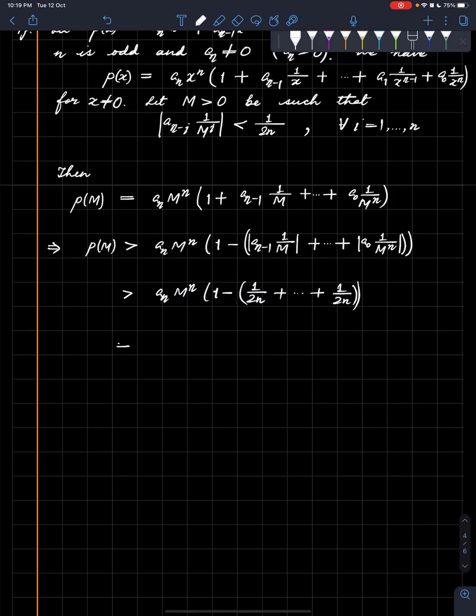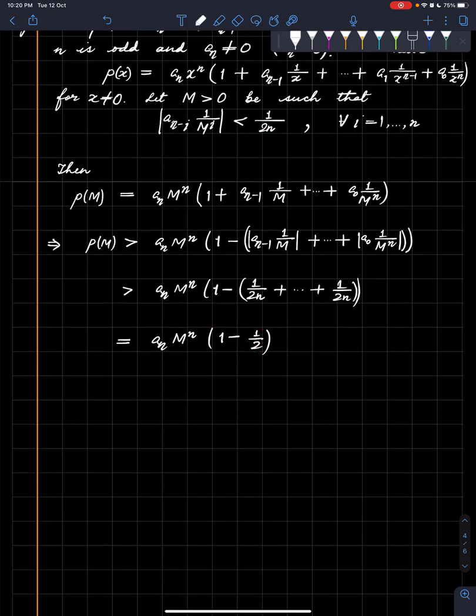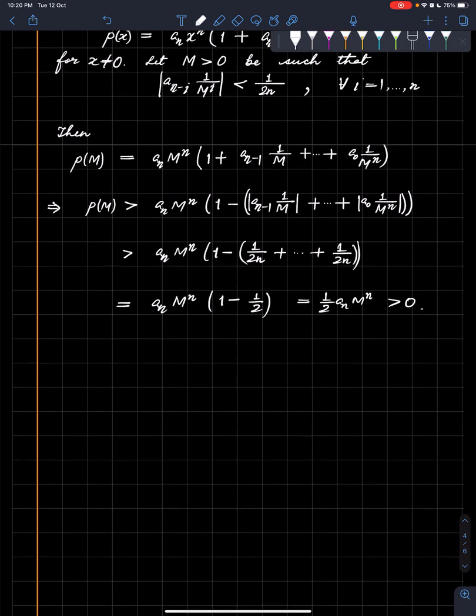And this gives me 1 minus half, because if I sum 1 upon 2n n times, then I get a half. That's the reason why I chose a half, because then I get something positive here. So this is some positive number. Basically, this is half of a and m to the n. This is some positive number.